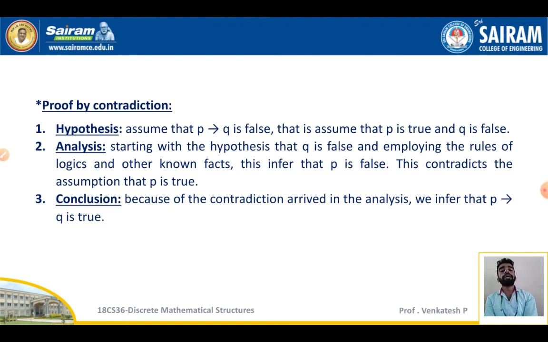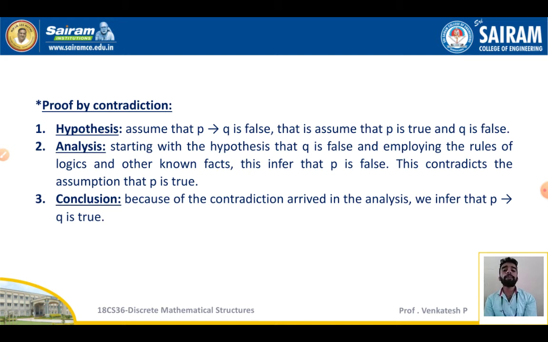Next one is proof by contradiction. Same thing here also, I'll be taking three steps. First one is hypothesis, second one is analysis, third one is conclusion. In the hypothesis step, I'm going to assume that if P then Q is a false statement. If P then Q is false, it means we must have P true and Q false.